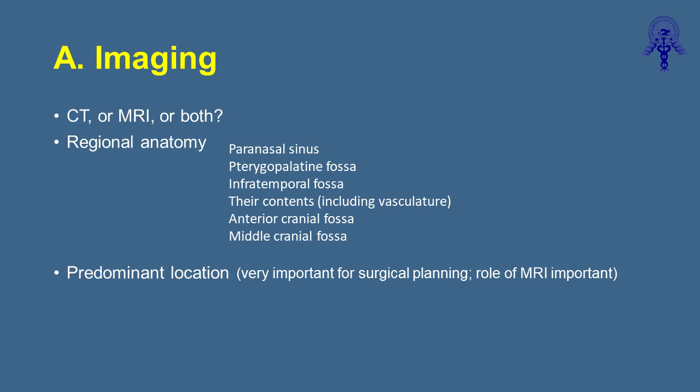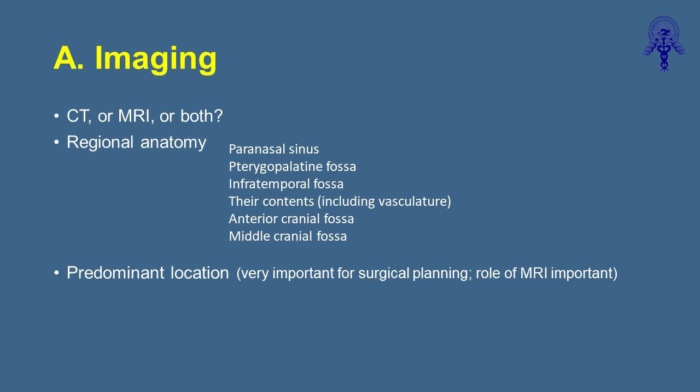এছাড়া for this you will be asked in the exam the regional anatomy. এই কতগুলো জায়গার anatomy তোমাকে, আর কিছু নেই এখান থেকে. বেসিক্যালি ইমেজিং এটাই হলো, পেট সিটি আছে, ঠিক আছে. Otherwise you have to be very well versed with the regional anatomy. কি কি জিনিস দরকার: paranasal sinus we all know, pterygopalatine fossa boundaries contents, infratemporal fossa boundaries contents, and to some extent the anterior cranial fossa and the middle cranial fossa, especially the roof of the pterygopalatine fossa, infratemporal fossa complex, and the cribriform area, the roof of the nasal vault.